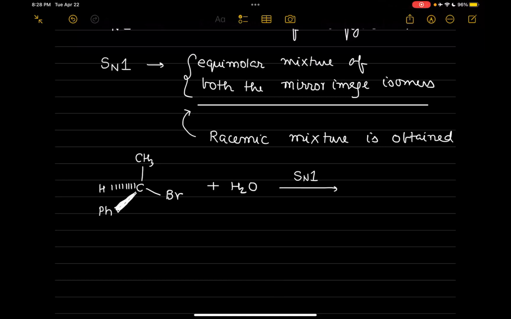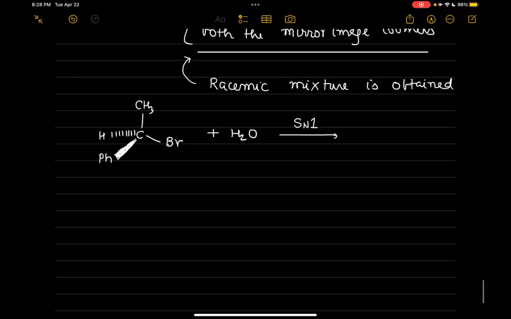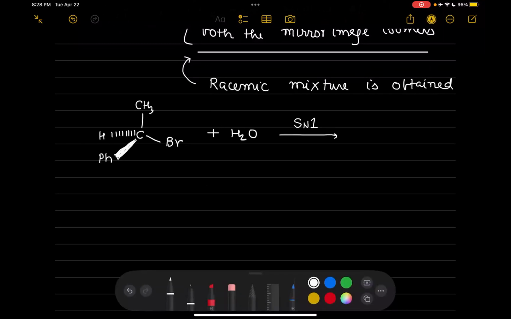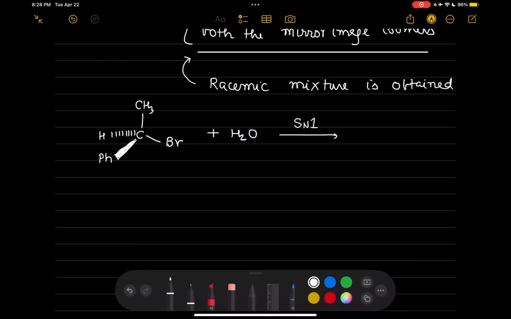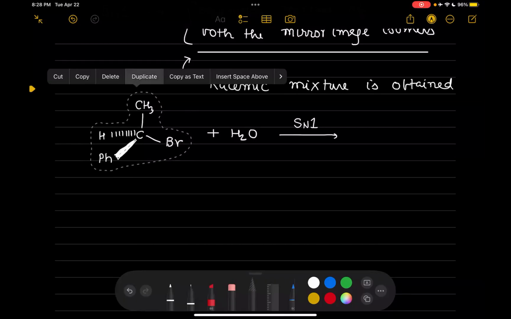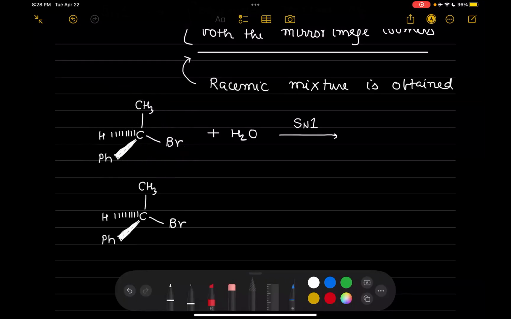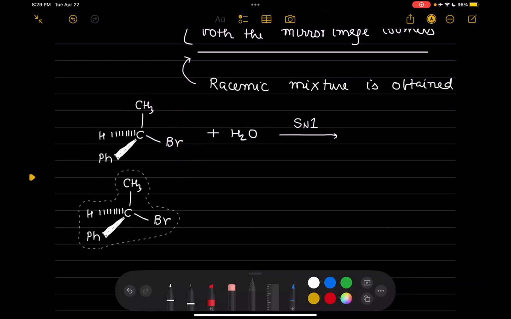So I'm asking whether the OH is going to get attached from the same side where the Br is attached, or from the opposite side to that of the Br, or both options, same side or opposite side, can happen. That you need to tell me.